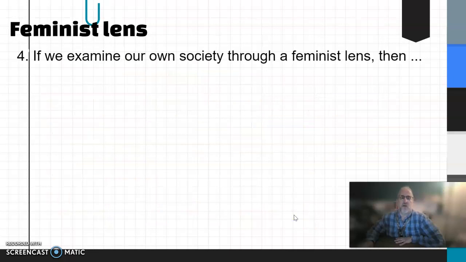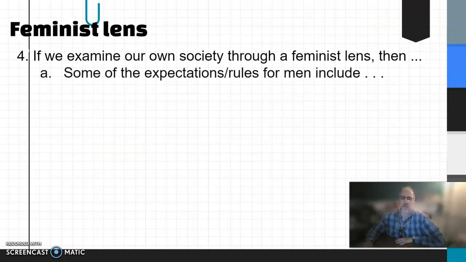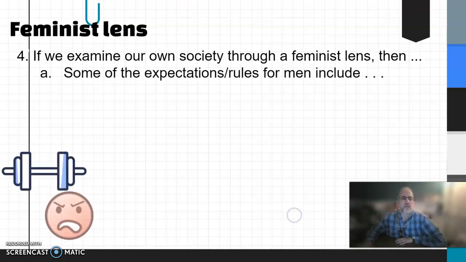If we examine our own society through a feminist lens, then some of the expectations and rules for men include being strong, having anger issues, and possibly having more money.